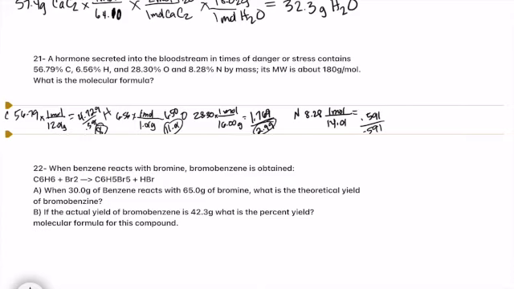So 8 to 11 to 3 to 1. So our empirical formula here is C8H11O3N1.